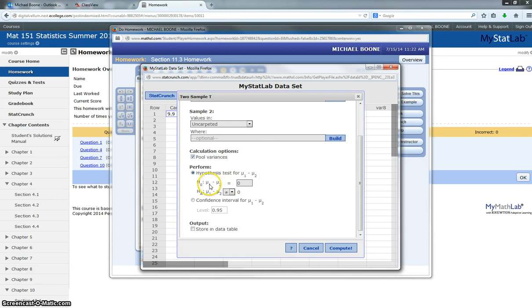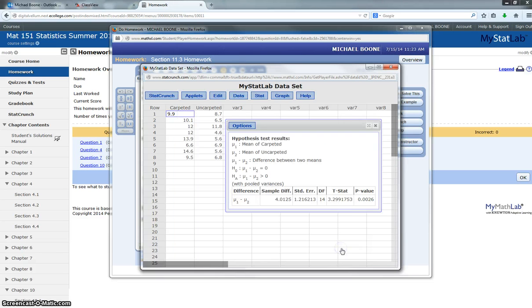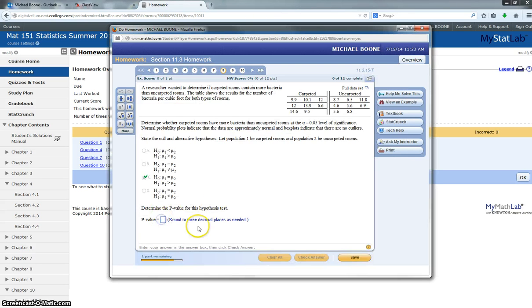We can still do that. My mean 1 minus my mean 2 equals 0 is the same thing as mean 1 equals mean 2. Here we said that mean 1 would be greater than mean 2, so that means their difference would be positive. And so I can get my p-value here. So I get 0.0026. To 3 decimal places would be 0.003.